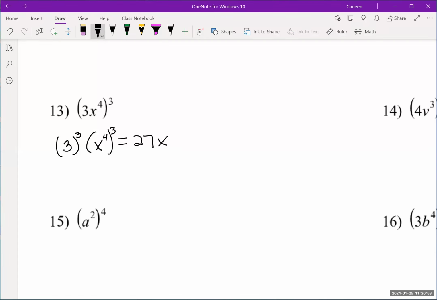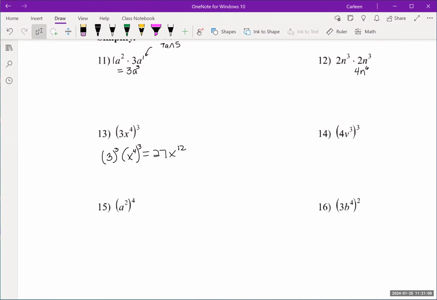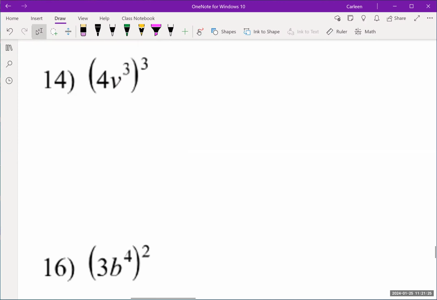X, there we go. Multiply the exponents. So do you see the difference between 11 and 13? 11, we multiplied the coefficient, added the exponents. 13, we did a power to the coefficient and we multiplied the exponents.